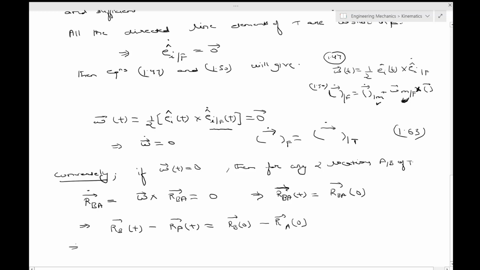This implies that displacements of all locations of t are the same.